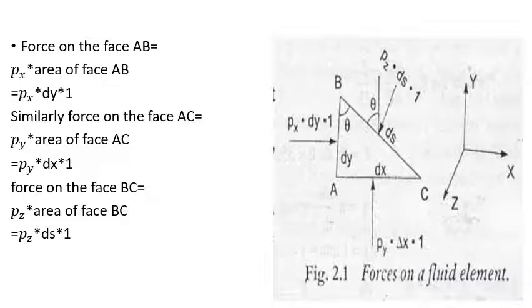The force on face BC is Pz times the area of face BC, which is ds into 1, so the force on face BC is Pz into ds into 1. These are the forces acting on faces AB, BC and AC.